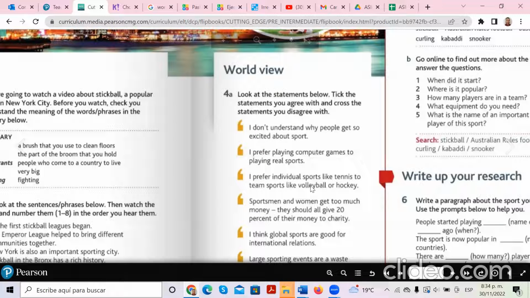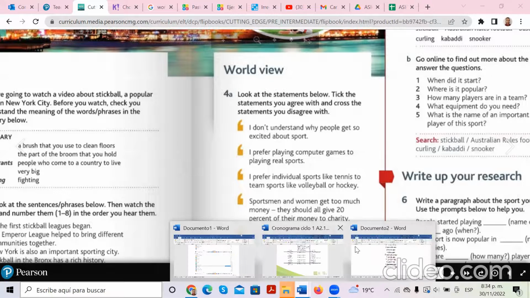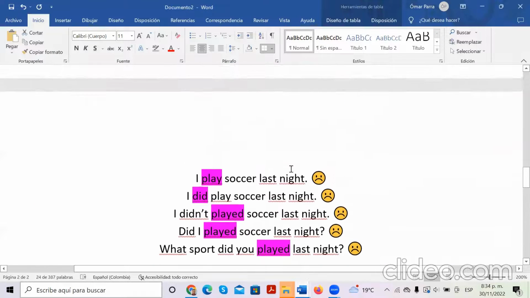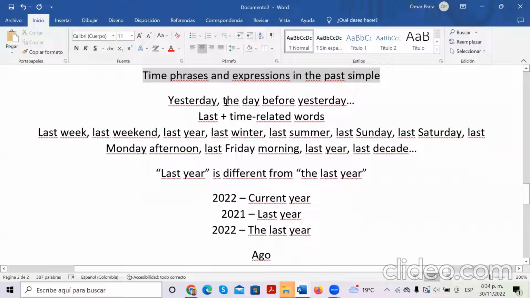No, neither the last day nor last day are possible. Ayer, I think. Okay, ayer is yesterday. Yes, yesterday. Ayer is yesterday, and antes de ayer, o anteayer, it's the day before yesterday.